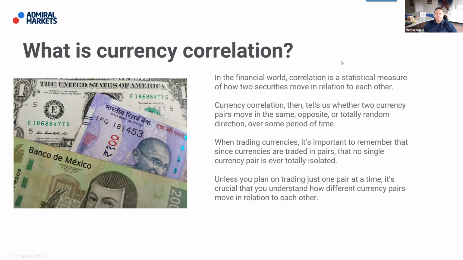Okay, let's go on. In our financial world, correlation is a statistical measure of how two securities move in relation to each other. And then we have the same in currency correlation, which tells us whether two currency pairs move in the same, opposite, or totally random direction over some specific period of time.